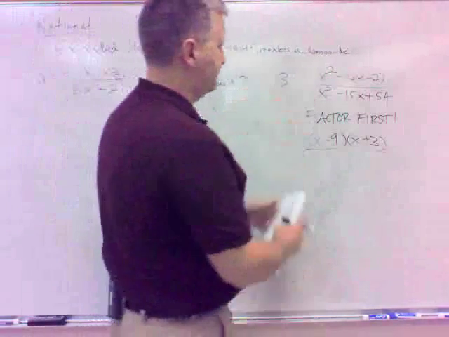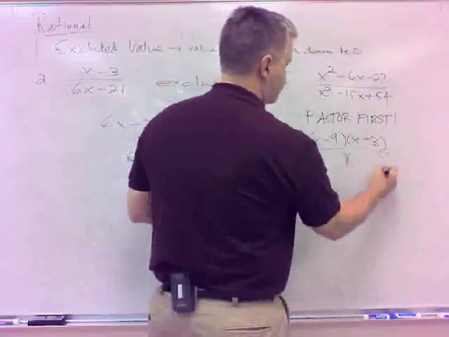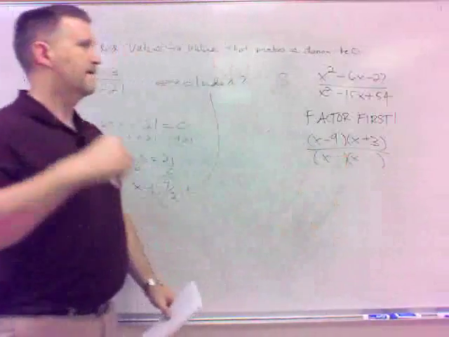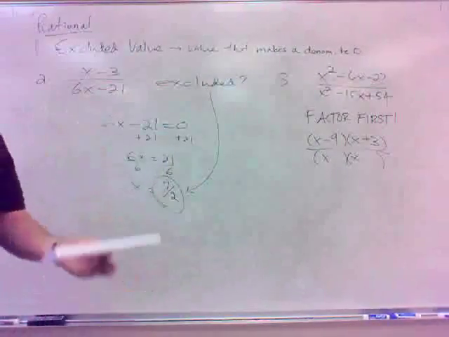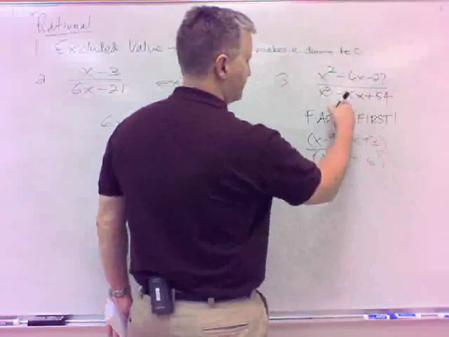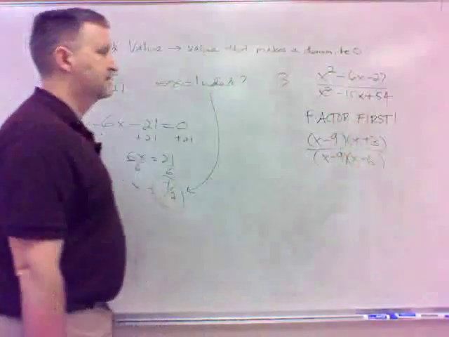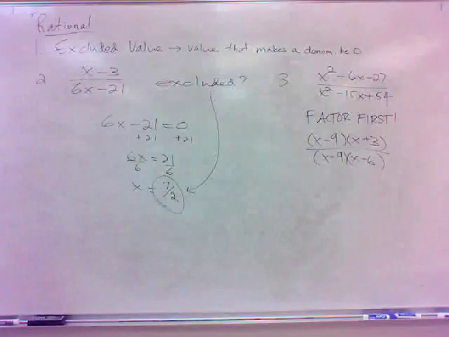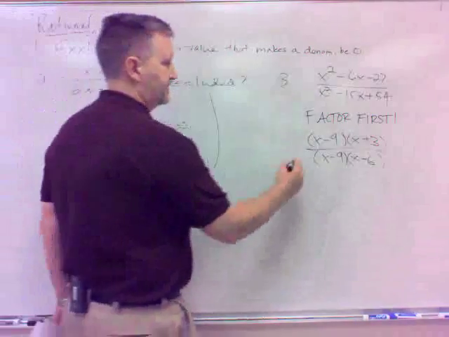X squared minus 15x plus 54, it factors x and x. 54 is 9 and 6. And with the minus 15, if both of those are minus, it works. With me on that so far? So factor first, then do the canceling.